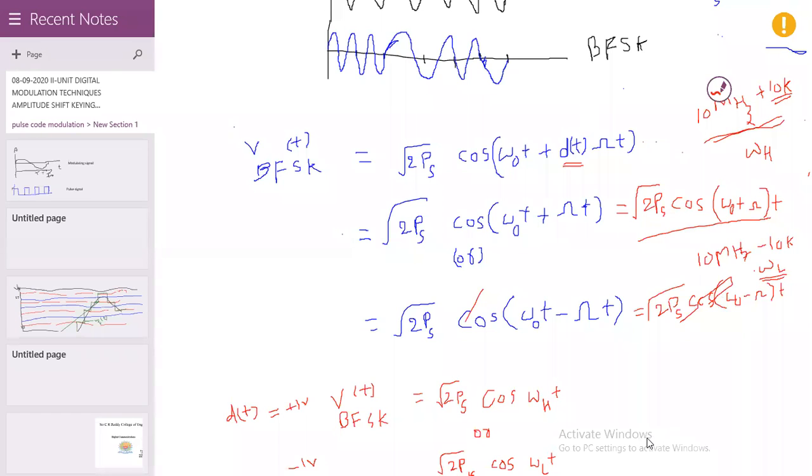Please note down this equation. This is very, very important. This is the equation for BFSK.